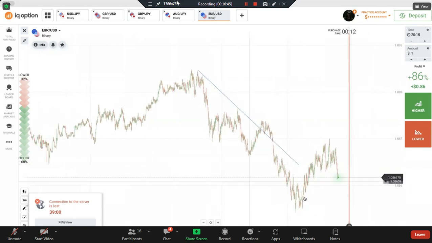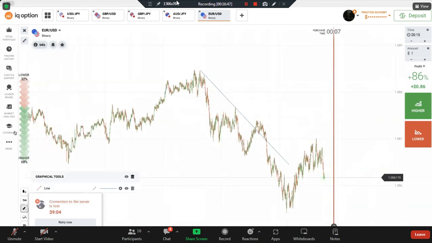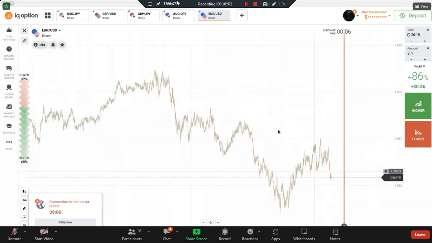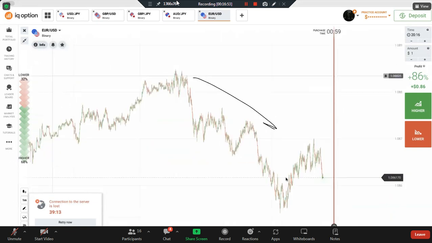Like in this example again here, see. For example, you want to follow this downtrend, right? The major trend is down, but you are seeing here a minor uptrend, right? So you want to wait until this uptrend ends and you follow the trend, which is the downtrend, right?